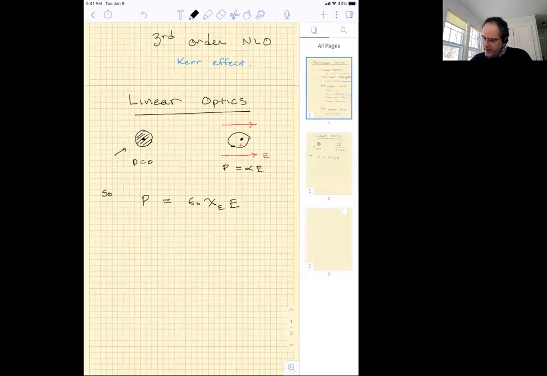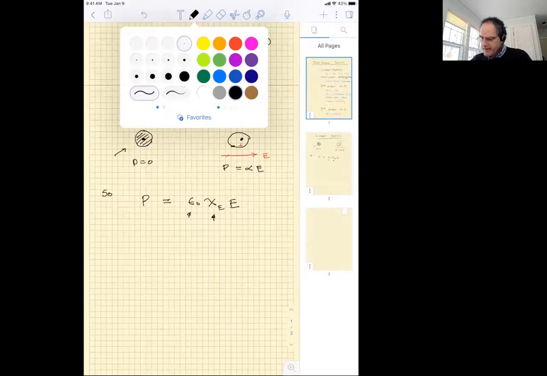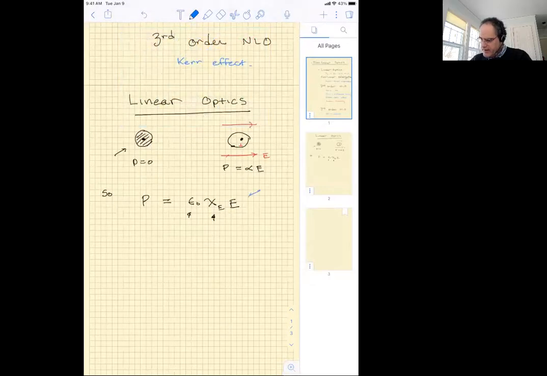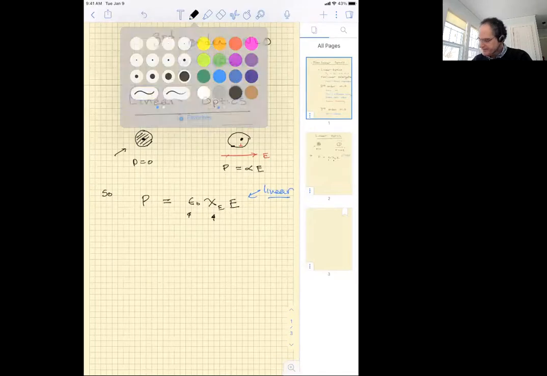So here the constant is the dielectric susceptibility, chi, and then multiplied by epsilon-zero, which is just there to make the units work out. Okay? But notice that this is a linear equation. The polarization is just proportional to the electric field.